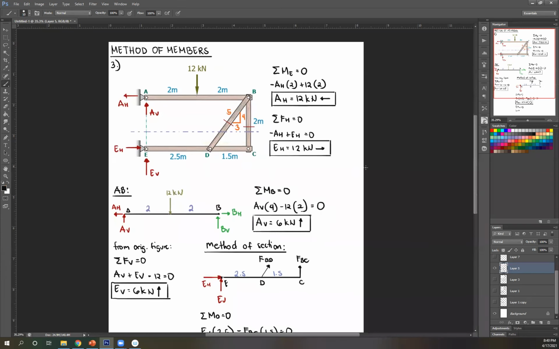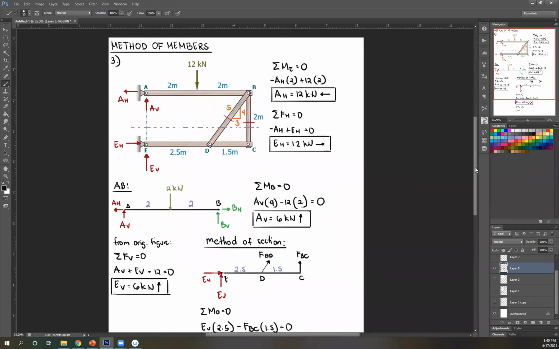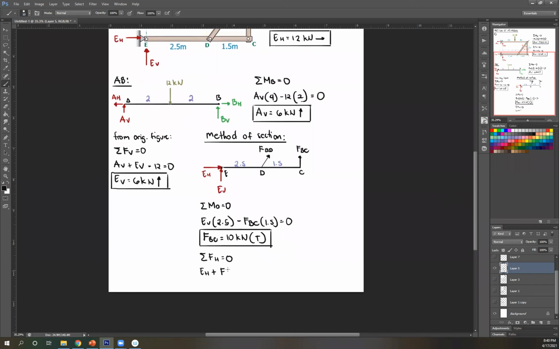I'm going to use the 3, 4, 5. We're using forces horizontal, so horizontal is 3 over hypotenuse 5. So plus FBD, horizontal component 3 over hypotenuse 5. There's no other horizontal force, so equate that to 0.